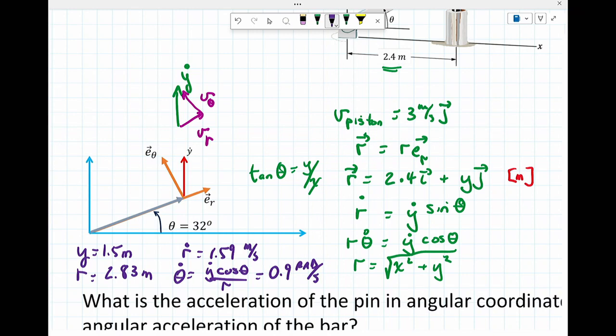Go ahead. I'm kind of confused on how you got r dot equals y dot sine theta. Third from the bottom. So I got y dot. Got theta there.